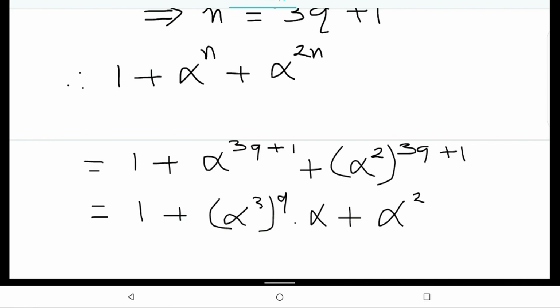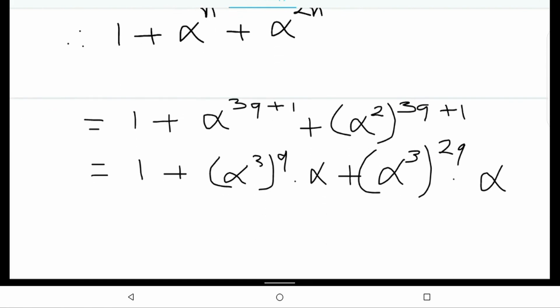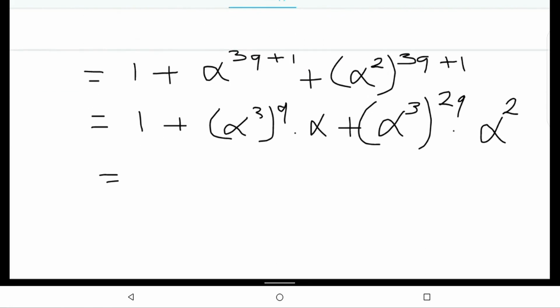Again, we can apply the law of indices: alpha cube whole thing to the power 2q, plus 1, so that again alpha, plus 2, that is alpha square. So 1 plus, but alpha being the cube root of unity, alpha cube equal to 1.